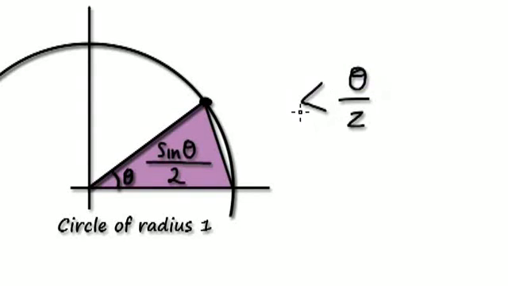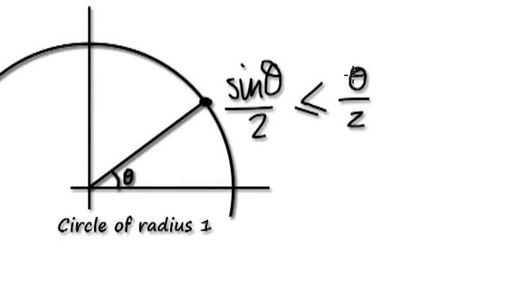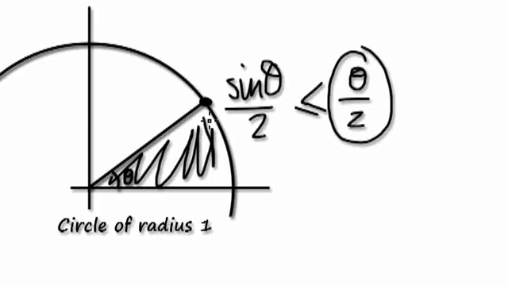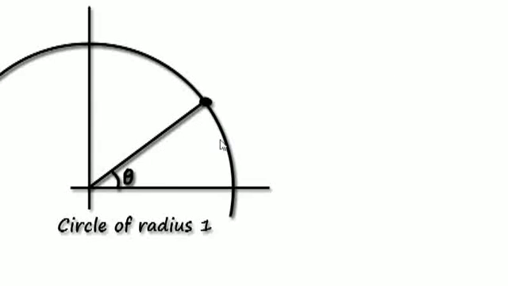So we can write sine theta over 2. Don't forget, this area here is this bit here, all the way down to here. And also we can always say theta over 2, which is this area here, is always bigger than this area here.